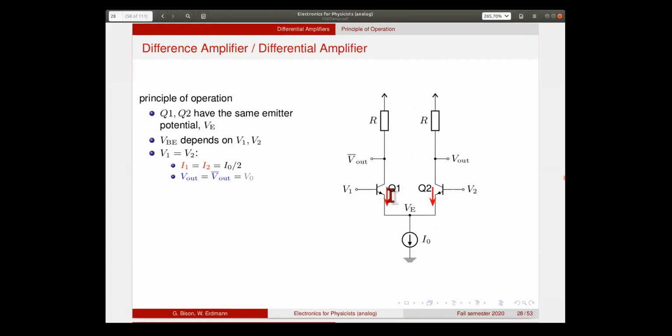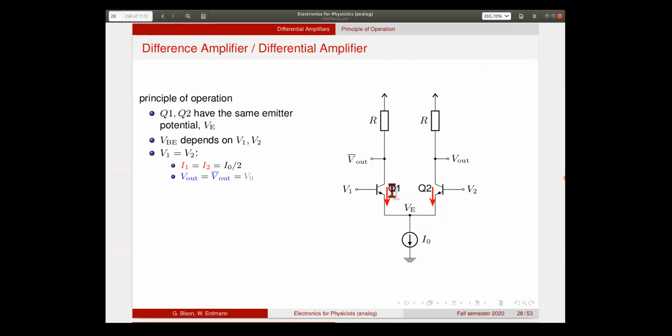The base emitter voltage of these transistors, Q1 and Q2, depends, of course, on VE, but also on V1 and V2. Let's first consider the situation where V1 and V2 are the same. Then the currents through both transistors will be the same. At the bottom, connecting from VE to ground or the negative supply, we have an ideal current source, so the sum of the two currents will be I0.